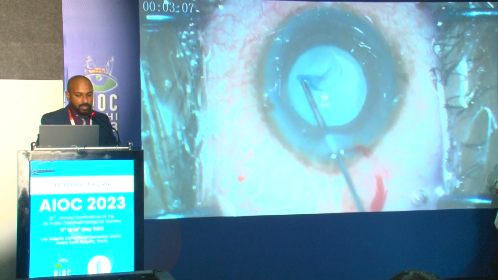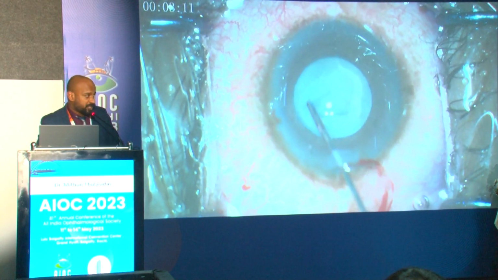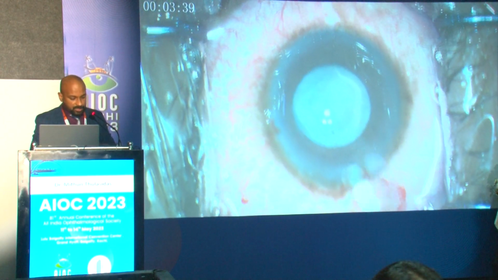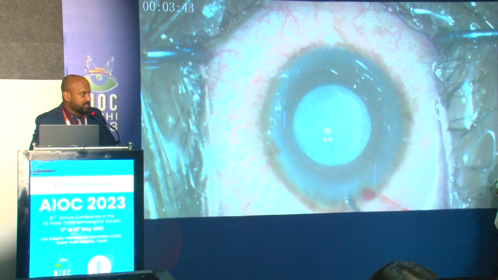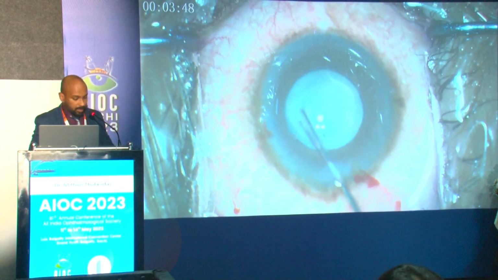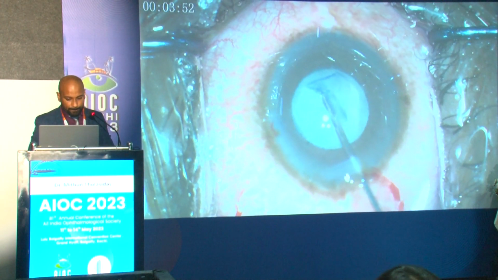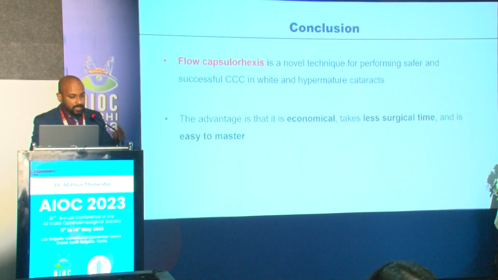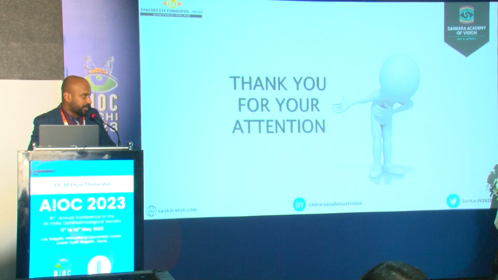So I've used the ILM peeling forceps and the scissors to continue the rhexis, but this will not be considered as a success criterion because we have used multiple techniques. So to conclude, this technique is economical, it takes less surgical time, is easy to master and can be used in white and hypermature cataracts.